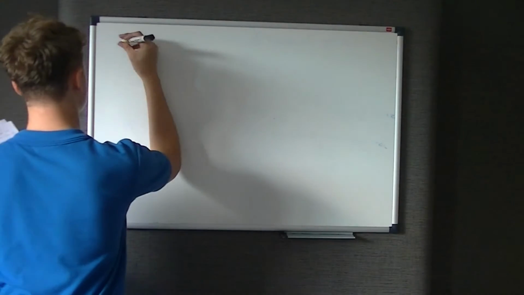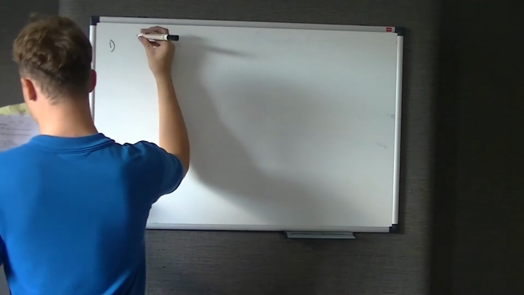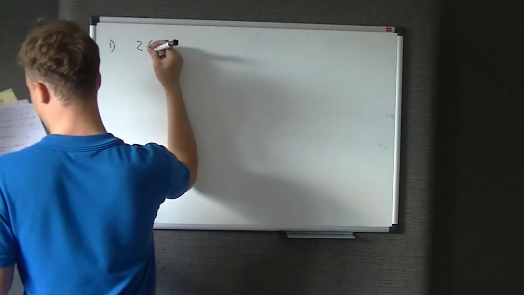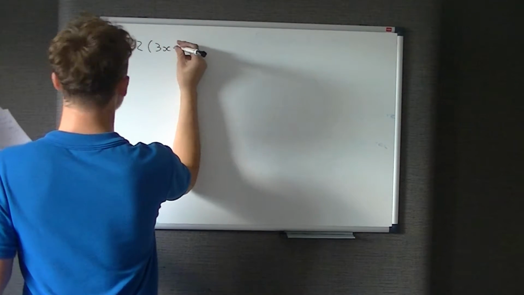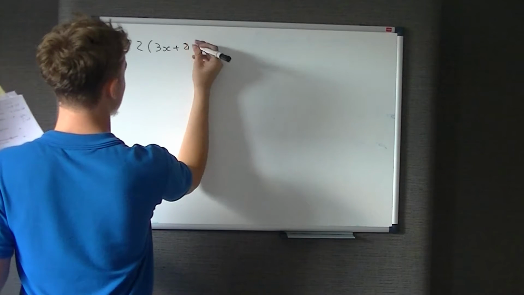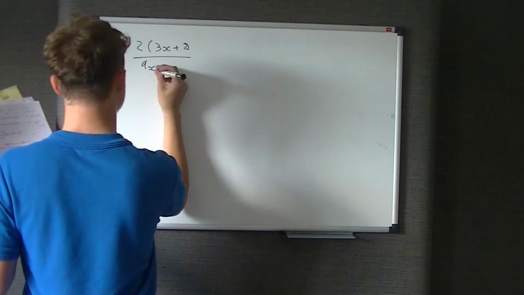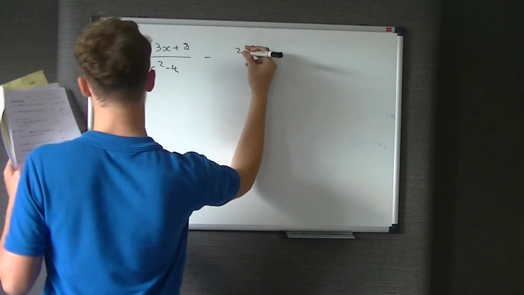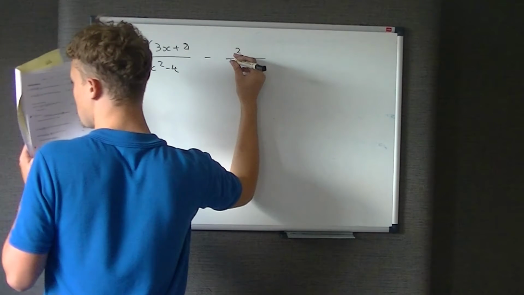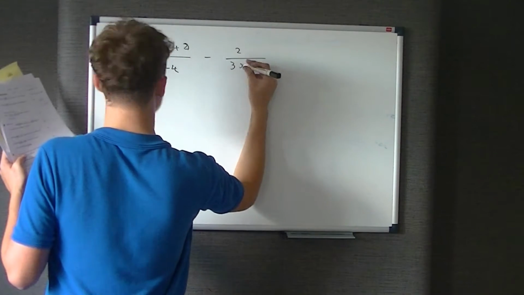Okay, so past paper question number 1. Don't worry, I'll be rubbing them out when I finish with them. So 2 brackets 3x plus 2. I'm just going to write out the fraction and tell you what it's asking. So 9x over 9x squared, take 4. Are you taking that away from 2 over 3x plus 1?